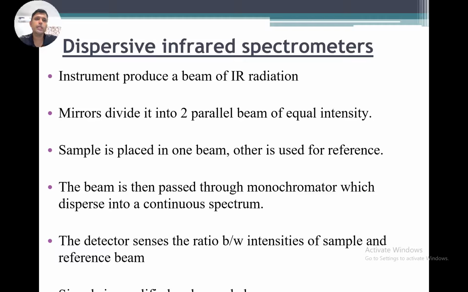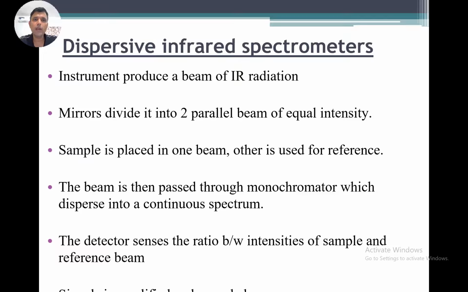After this, both beams enter a monochromator, which separates the radiation into individual wavelengths. The monochromator separates the whole spectrum into individual wavelengths one by one, and these are allowed to pass through the detector. The detector will compare the intensity of the sample beam with the reference beam.